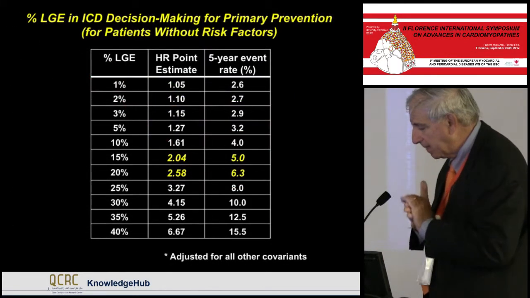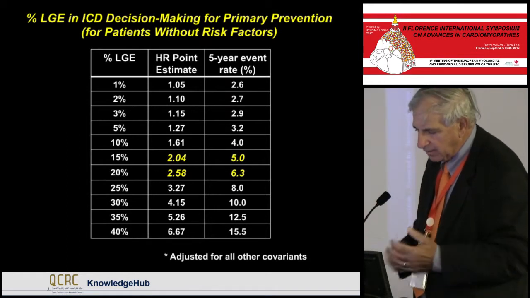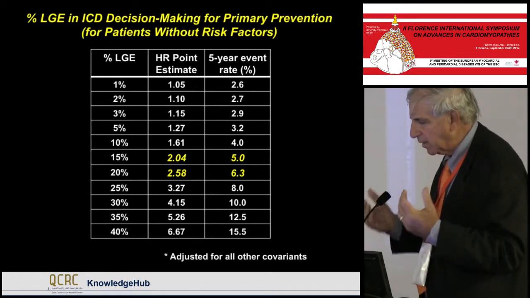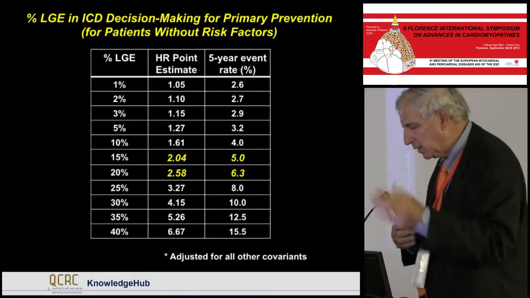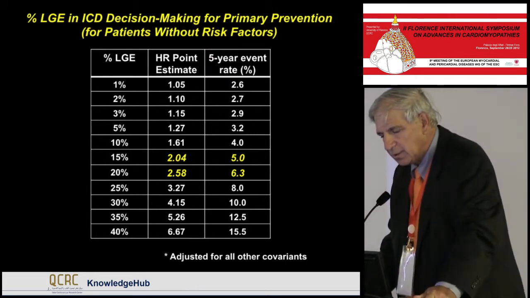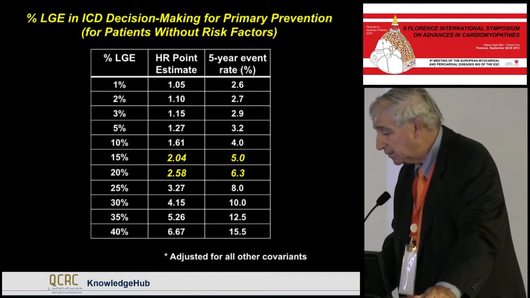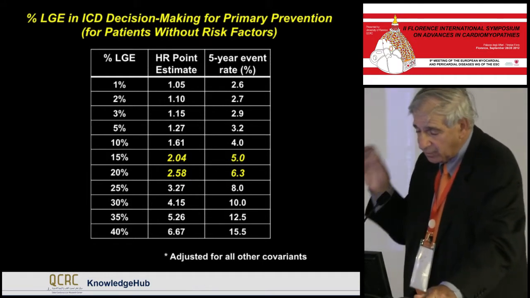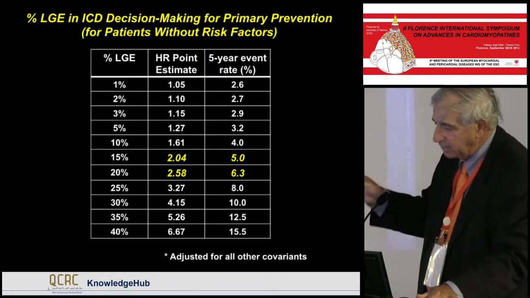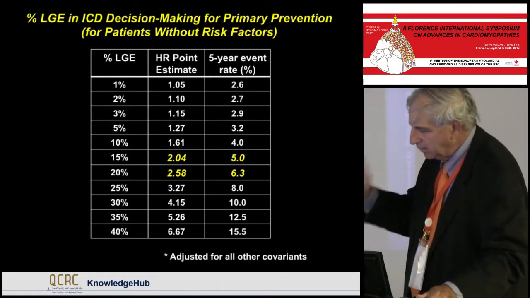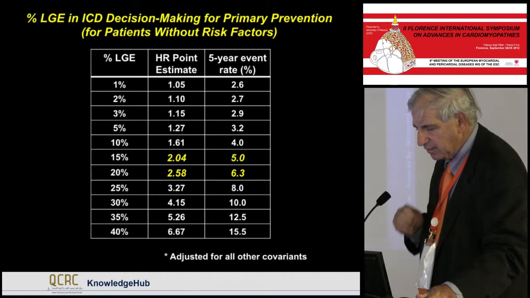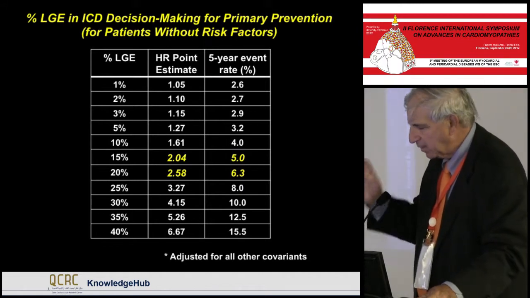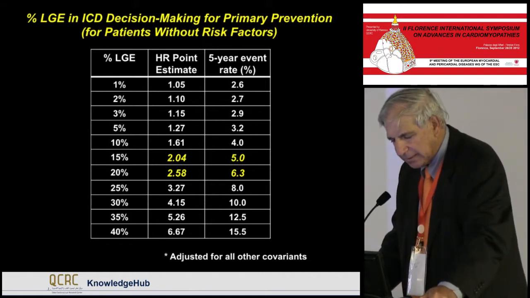Perhaps it's better to look at the data this way, by relative risk. And this chart includes only patients who were without conventional risk factors. So this is the group that's novel. This is the group that needed to be identified because they would then become candidates for ICDs and primary prevention of sudden cardiac death.